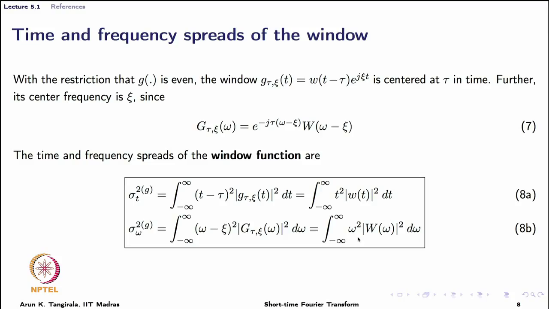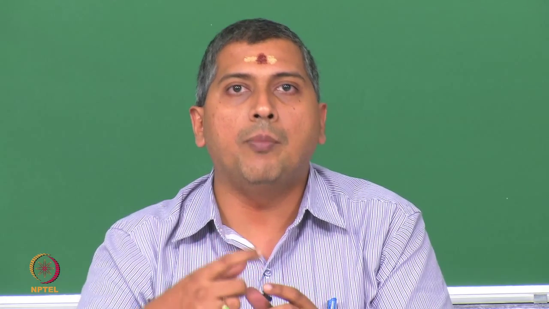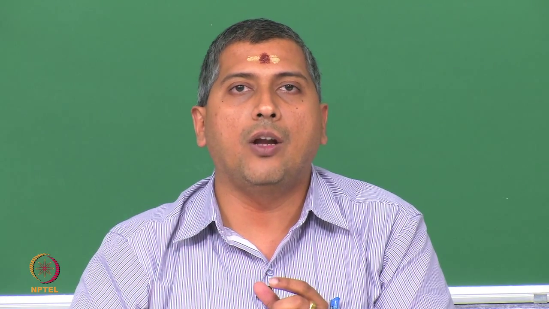Once again I see that the spread in frequency of the time frequency atom is independent of where it is in the frequency plane. That means it is going to actually extract the signal features in the frequency plane over the same neighborhood, regardless of whether you are looking at low frequencies or mid frequencies or high frequencies.